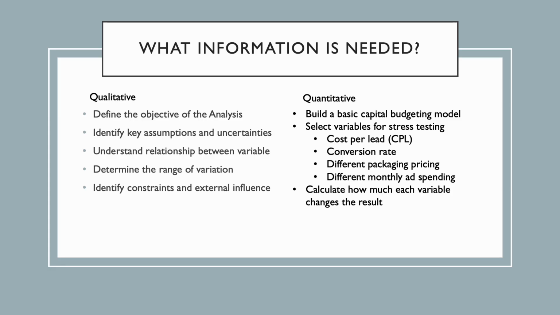The key baseline assumptions for this project will include factors including advertising spending, lead and client metrics, and the projected revenue and net return. From there, we'll create a basic capital budgeting model that allows us to test how changes in each variable impact overall performance. The variables that we will be changing are cost per lead, conversion rate, price per coaching package, and monthly ad spending. Now we are ready to run our sensitivity analysis.